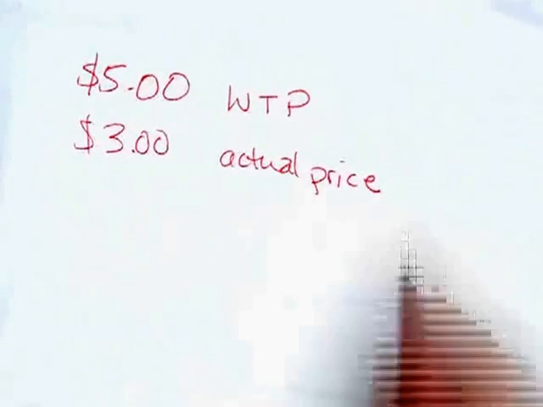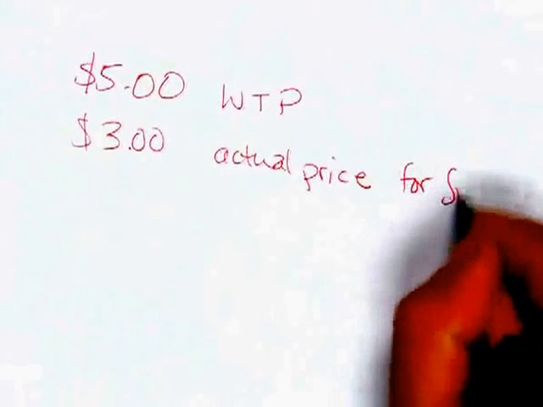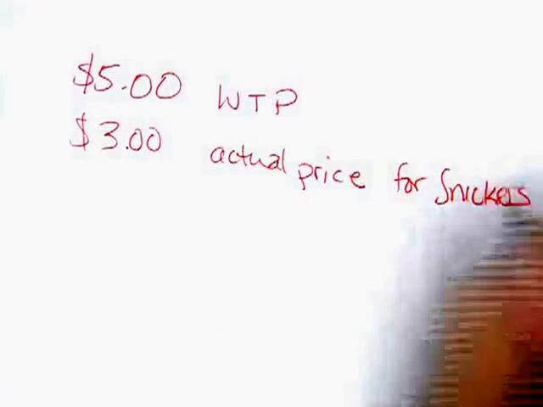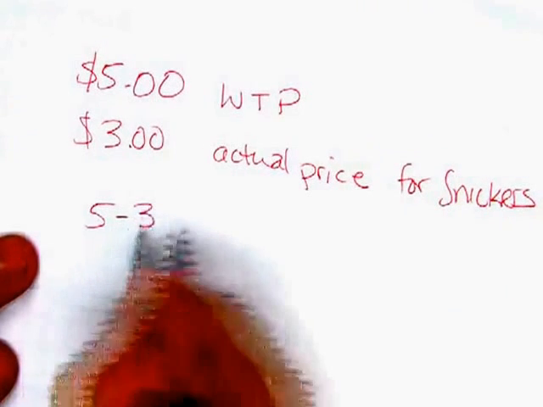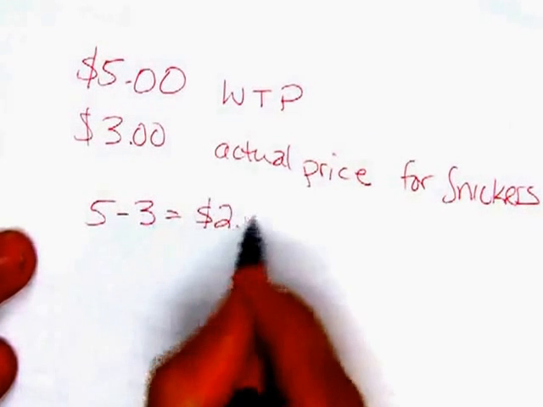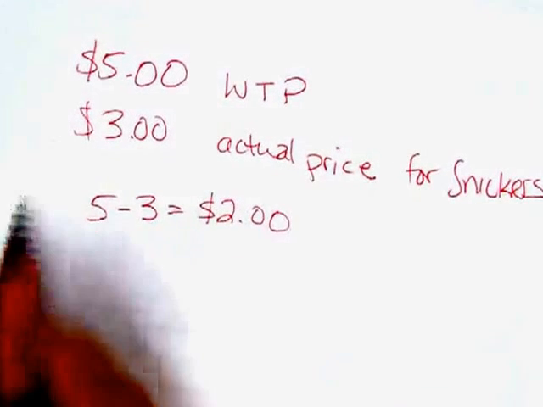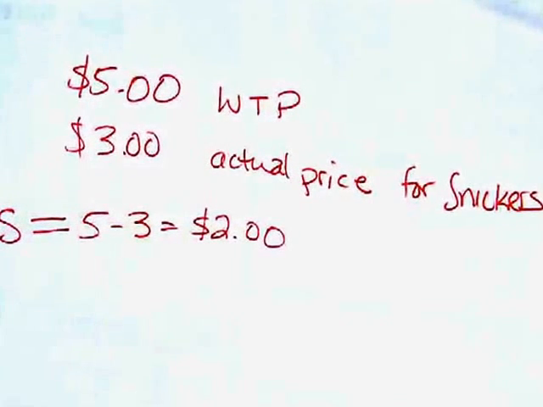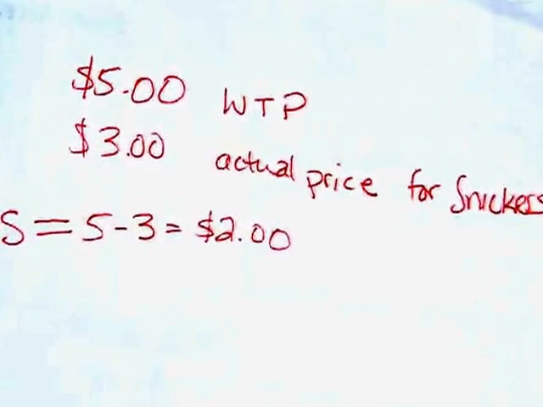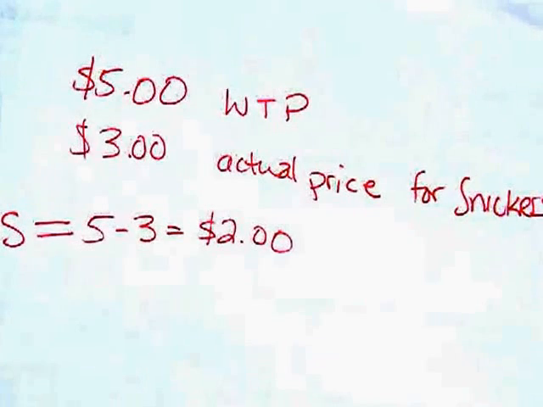So here we are. $5 willing to pay, $3 actual price for Snickers. Okay? So you take 5 minus the 3 equals $2. Okay? So consumer surplus equals 5 minus 3, so $2. You have $2 of consumer surplus.